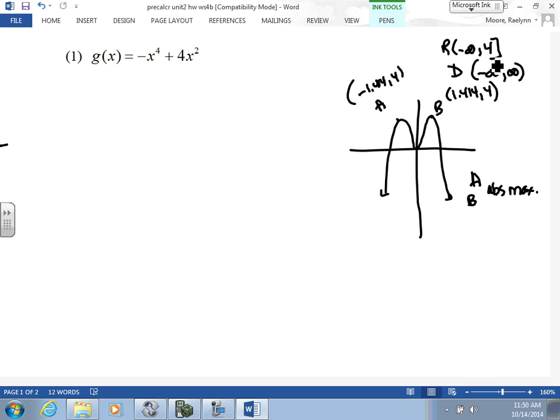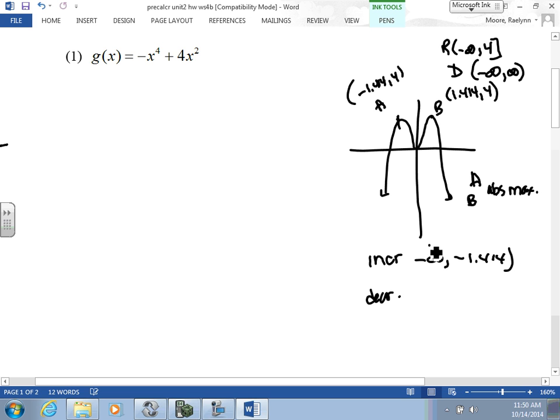Okay, now we've got to find the increasing and decreasing intervals. So I'm coming along my roller coaster from negative infinity and I stop at this x point. This is increasing. I stop at that x point. Then at this x point, I'm decreasing my value of y to that x point.